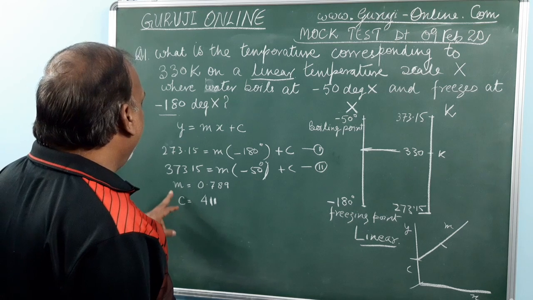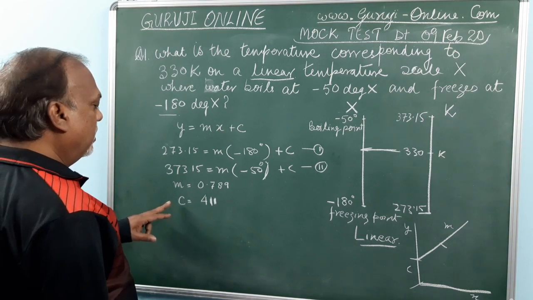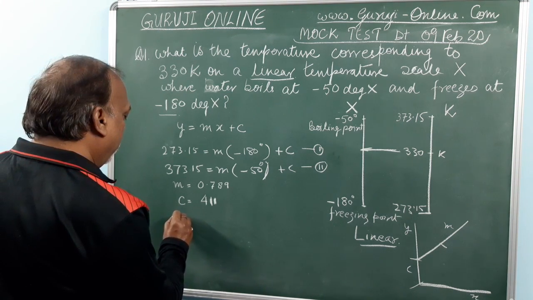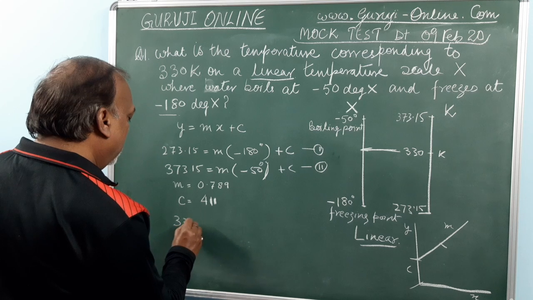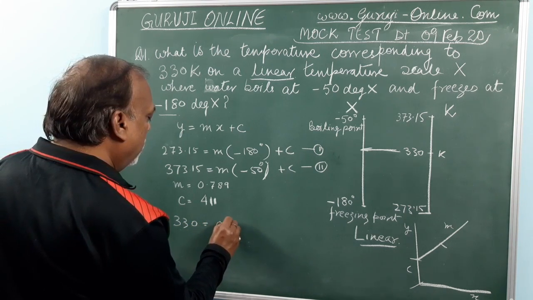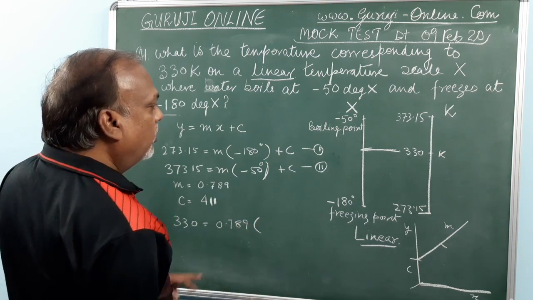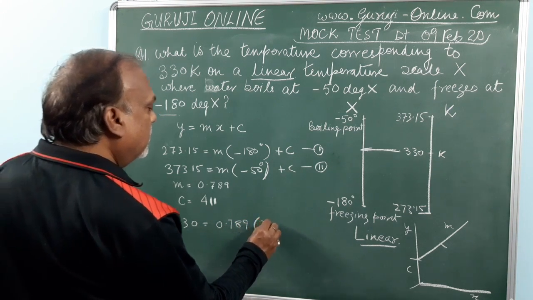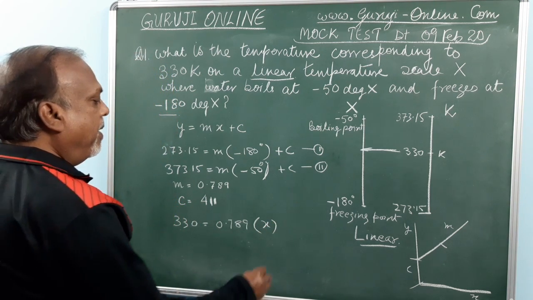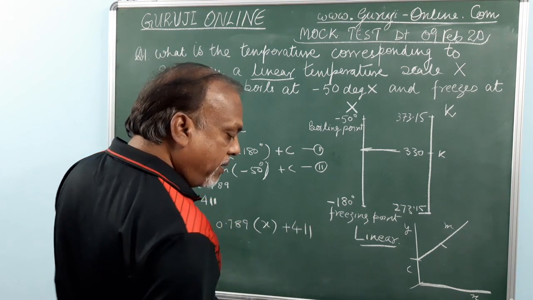So, putting these values, we can find X here: y equal to 330 is equal to m, 0.789, into X, which we have to find, plus 411.